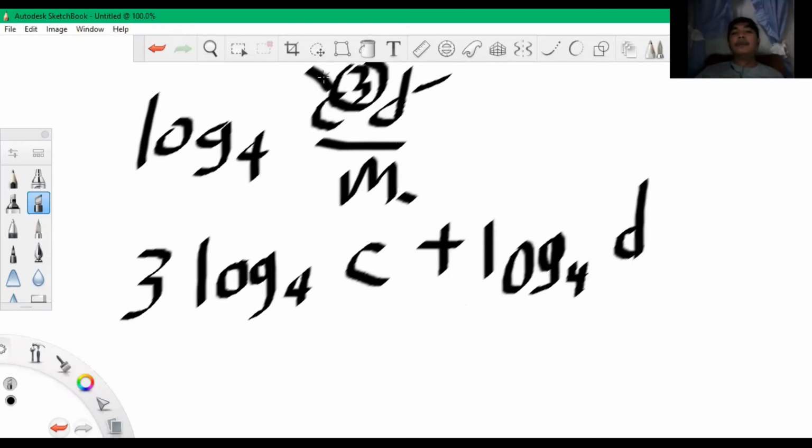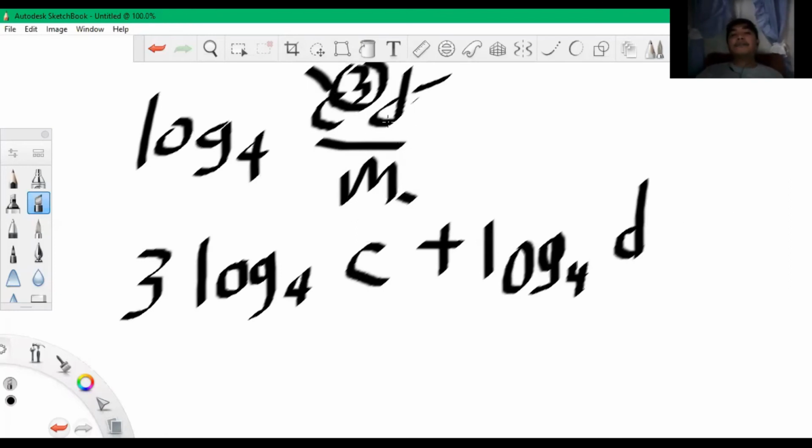Now we are done with the separation of our numerators, the c cubed and d. Meron pa tayong isa which is m na nasa denominator, and now dahil nasa denominator siya, that indicates na meron tayong i-apply na isa pang rule which is the quotient rule dahil meron tayong fraction.